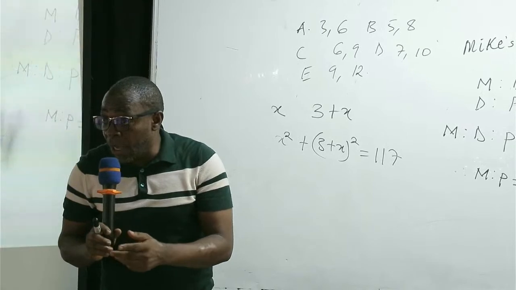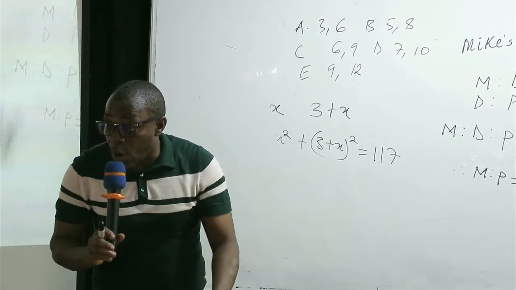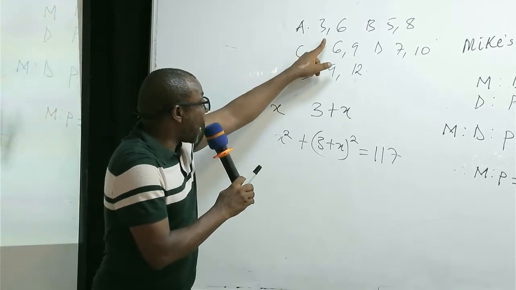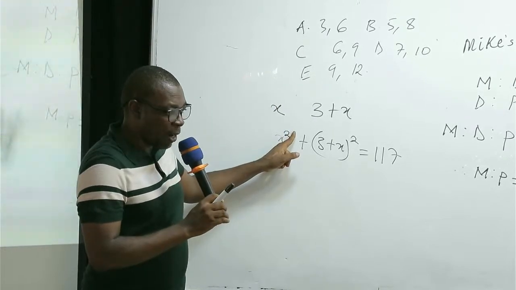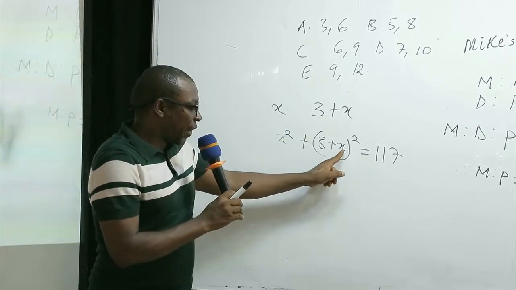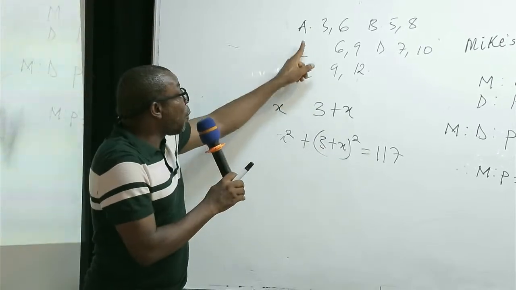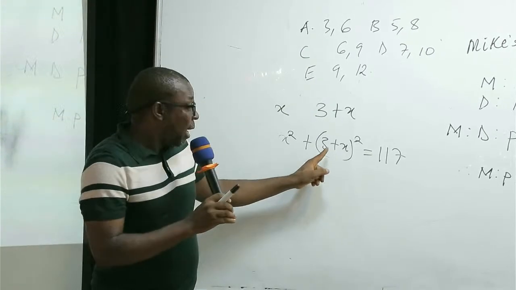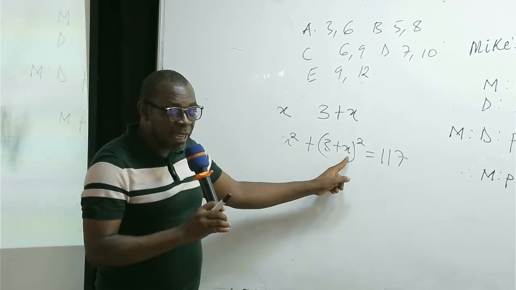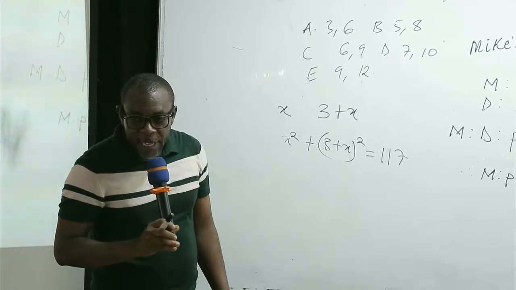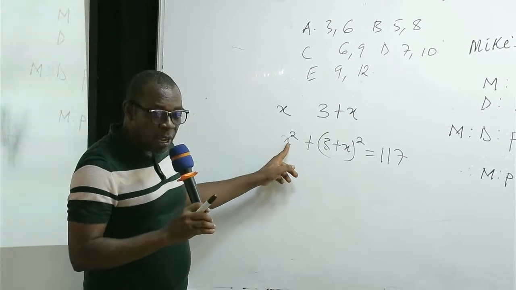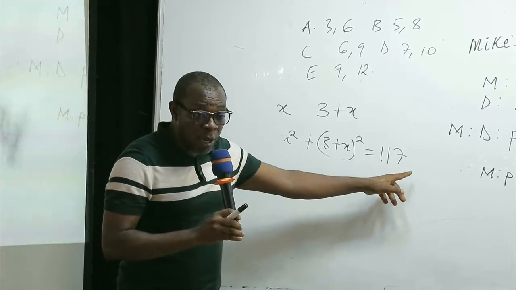Now bring 3 very fast. 3 squared is 9. Now 3 plus 3, taking x to be 3, is 6. 6 squared is 36. It will not give us 117.